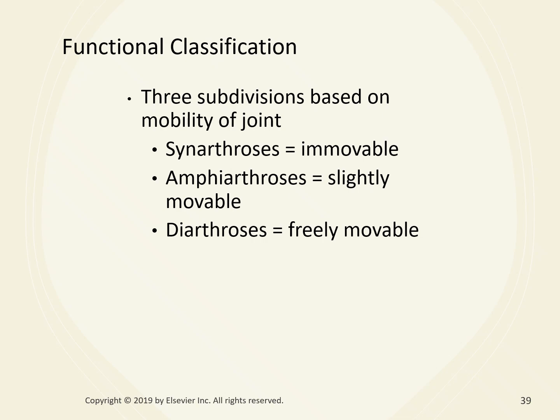It's the union of two bones, but those bones are not supposed to move past each other, versus the bones in your finger are supposed to move past each other. And so the joints in your fingers are diarthrotic, but the joints in your skull are synarthrotic. And then amphiarthrotic, that is your pubic symphysis.